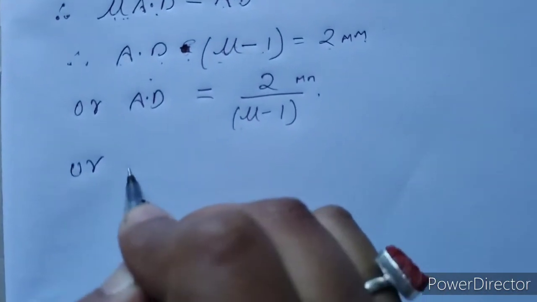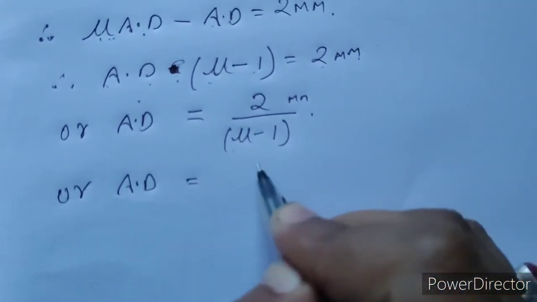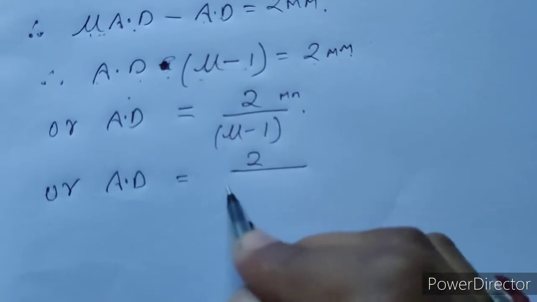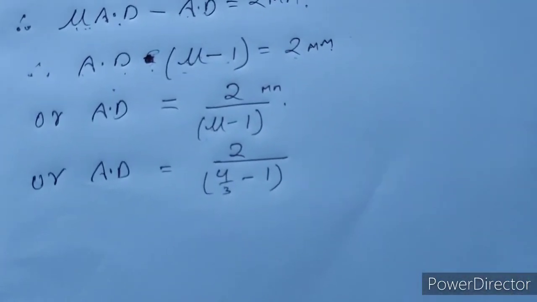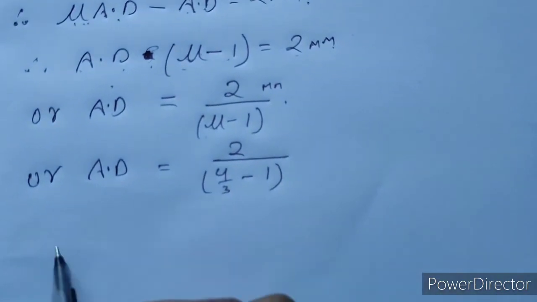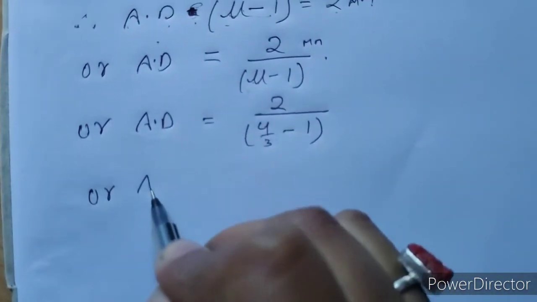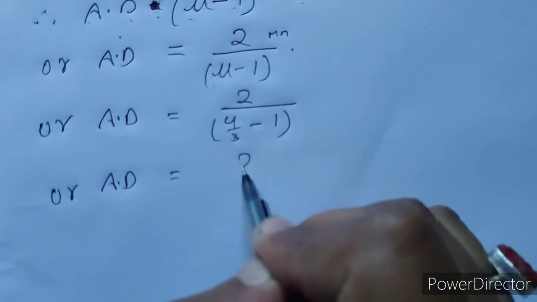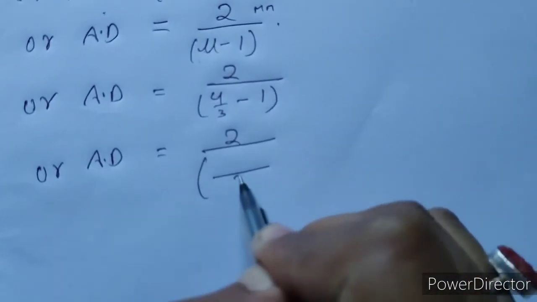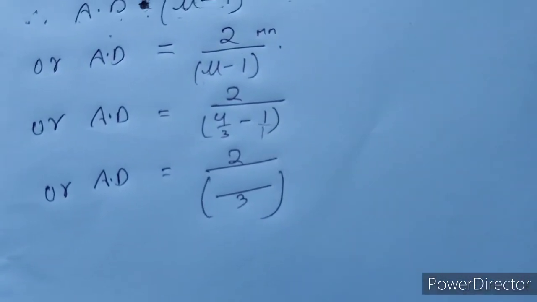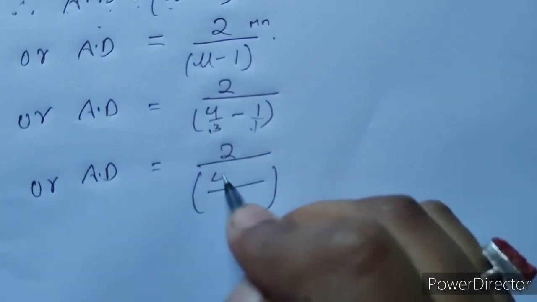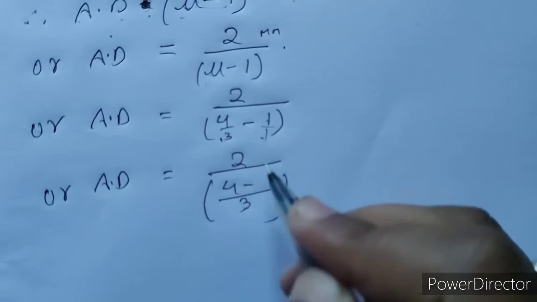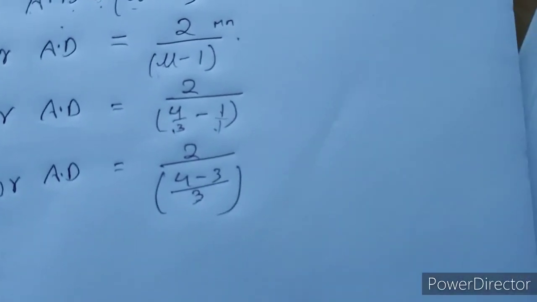Put the value of refractive index, 4/3 minus 1. Now I'll take the LCM. LCM of 3 and 1 is 3, so 4 minus 1 over 3.